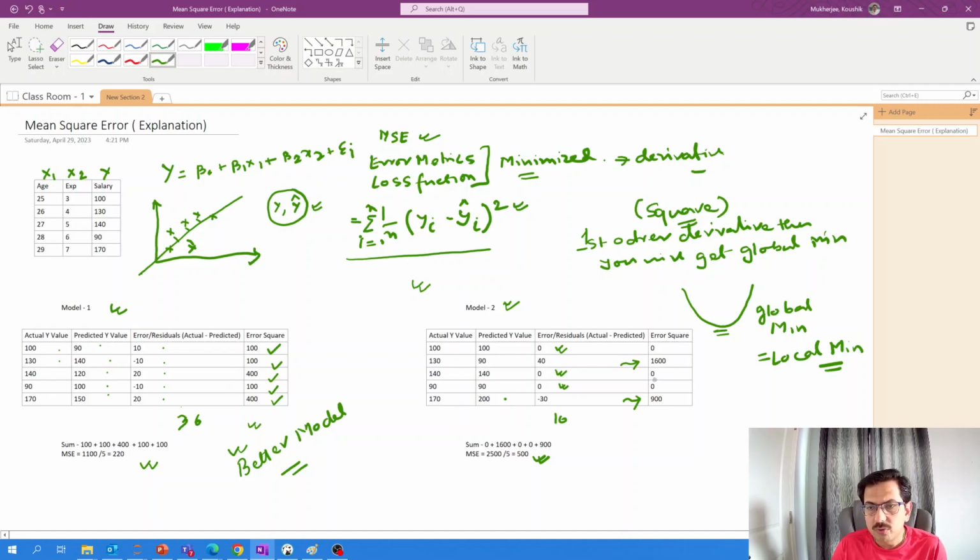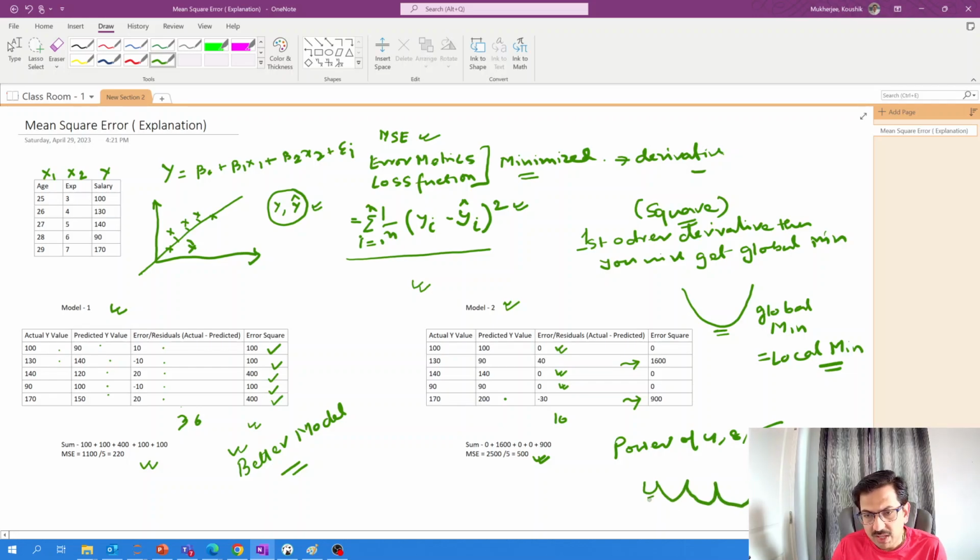Now, if you don't do the square, and instead use the power of 4 or 8 or something like that, your graph can be anything.